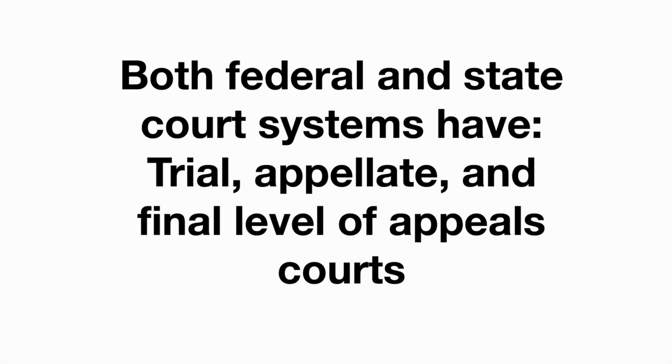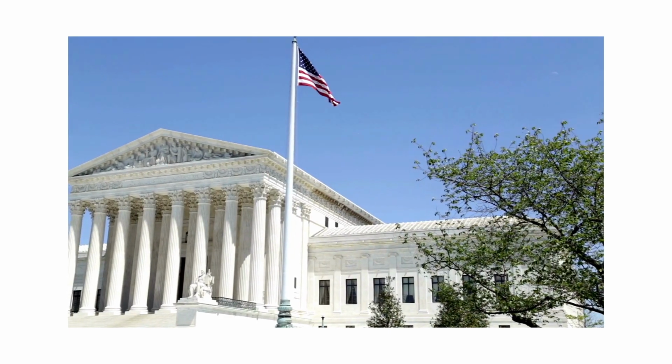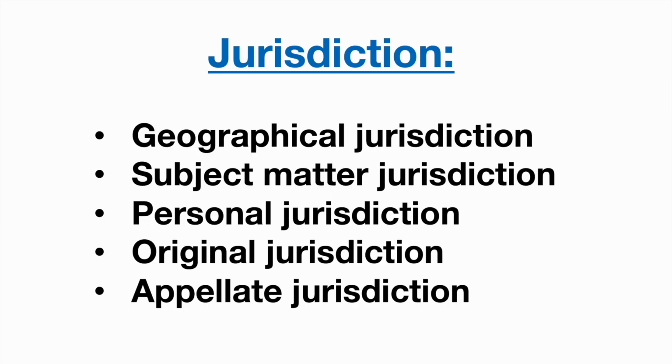As part of the dual court system, in the state courts, we have separate courts in each of the 50 states and in the District of Columbia, also called D.C. A court can have jurisdiction because of geography.